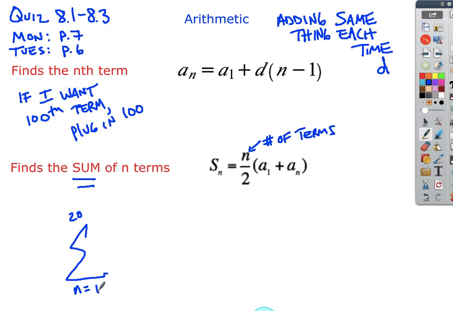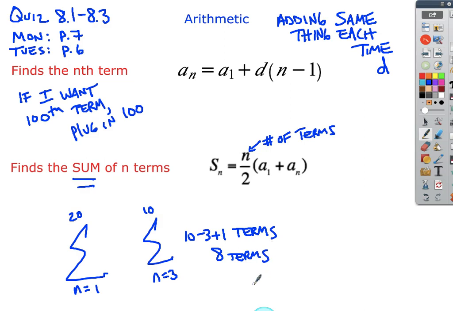Top minus bottom plus an extra 1. If I had the sum from n equals 3 to 10, that would not be 7 terms. It would be 10 minus 3 plus an extra 1, so that would be 8 terms. So just be careful about that.